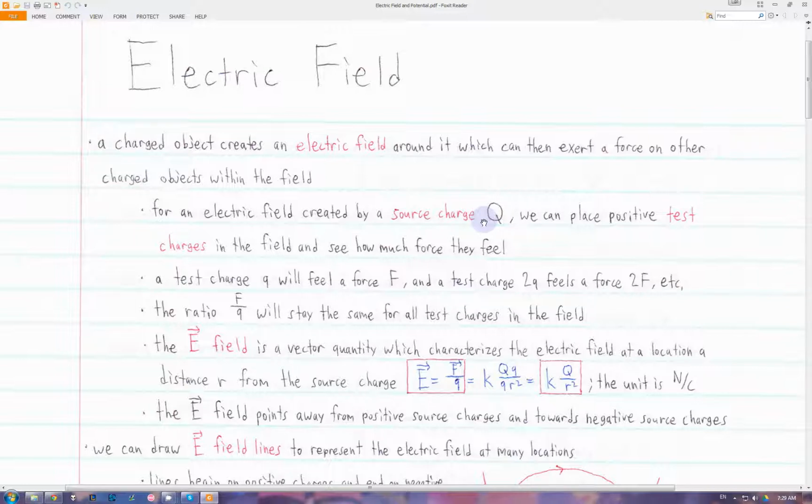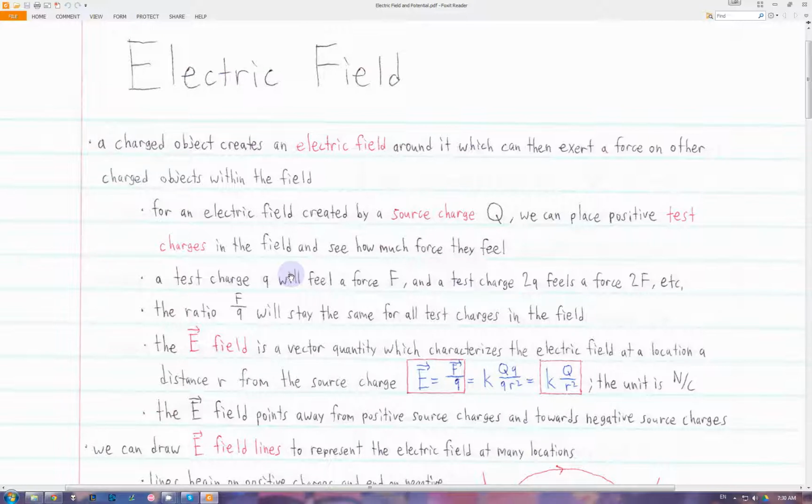We can see how strong that electric field is by putting positive test charges in the field, and we use the test charges to see how much force the electric field exerts on them. By Coulomb's law, we know that the force a charged object feels is directly proportional to the charge of the object.